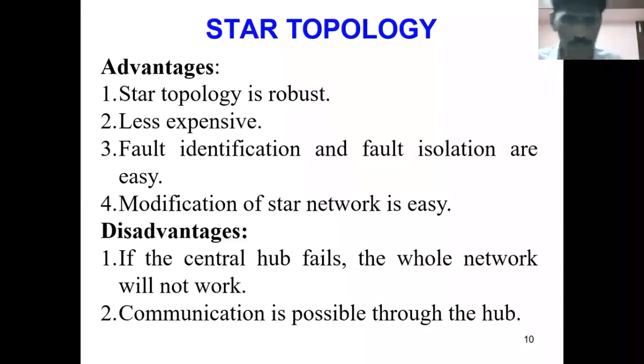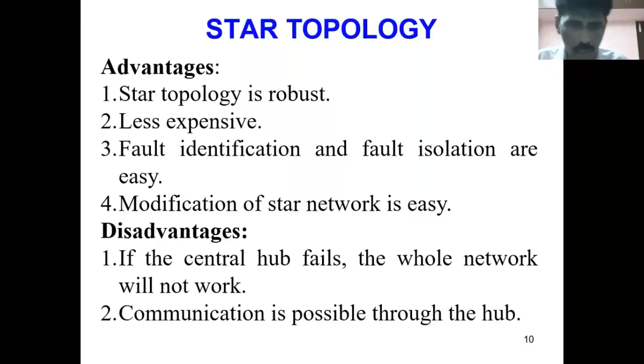These are some advantages. When you talk about disadvantages, though star topologies may be relatively safe from failure, if the central switch or central hub goes down, then the entire network will go down. I hope you can follow my presentation.